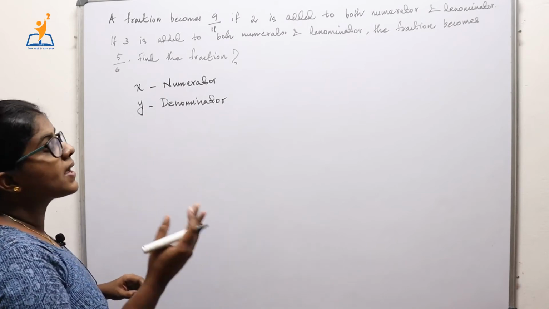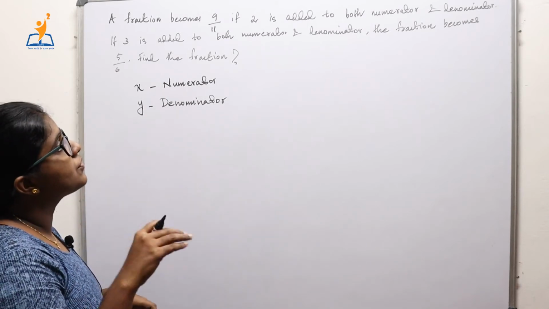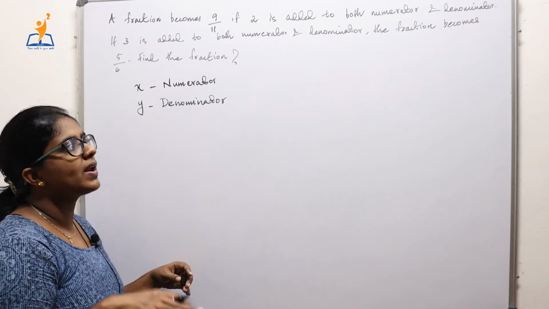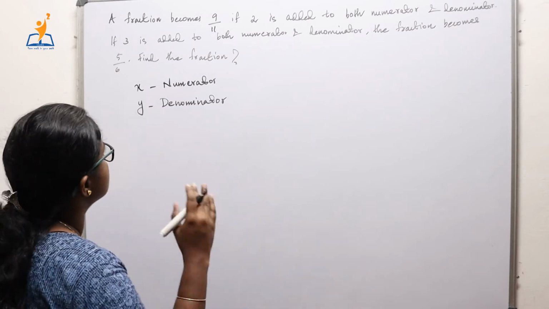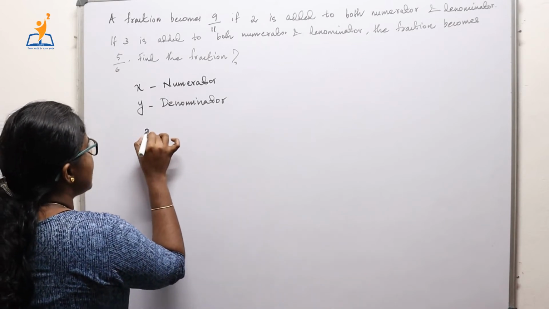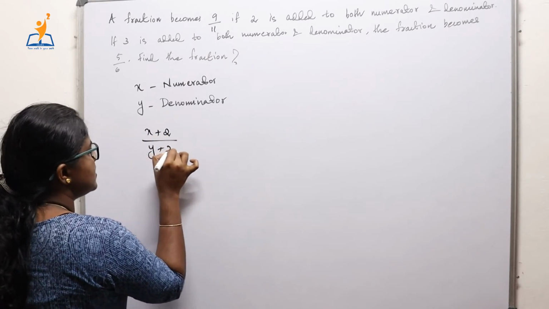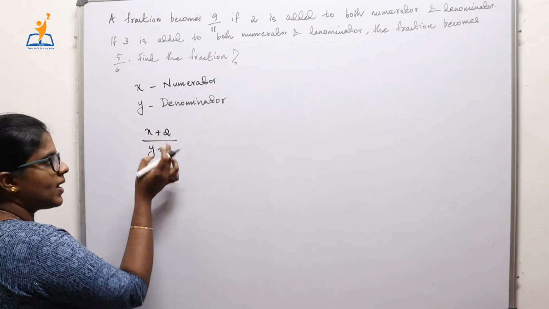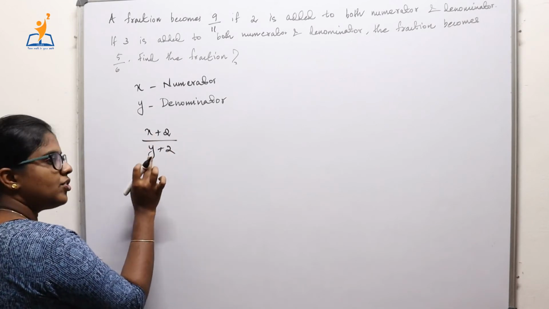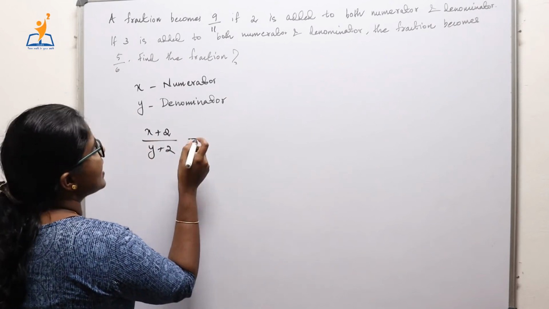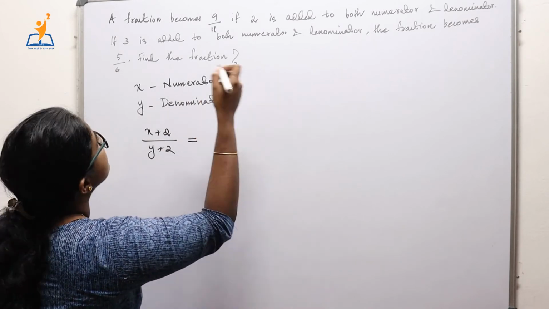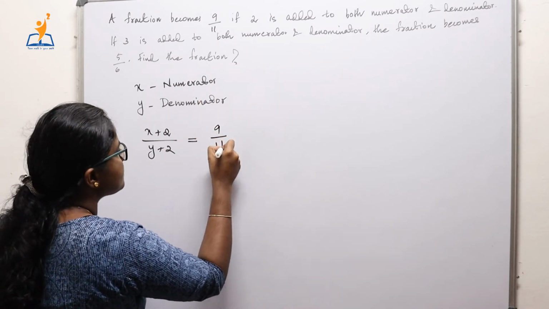Now we will check the conditions. A fraction becomes 9 by 11 if 2 is added to both numerator and denominator. So it is given that x plus 2 by y plus 2, that is 2 is added to numerator and 2 is added to denominator, then we will get the fraction 9 by 11.